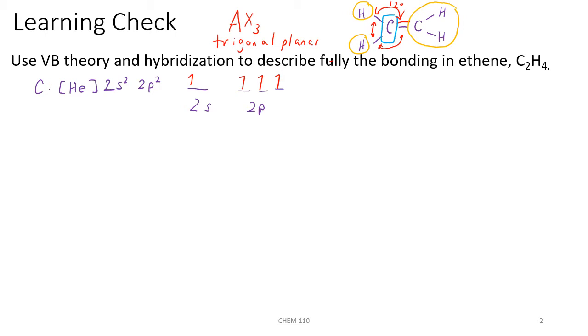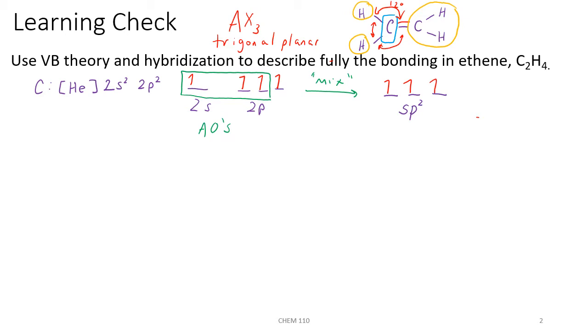So we'll mix in 1 s and 2 p's. We'll mix in those 3 atomic orbitals. And what we'll get out are 3 equal energy new hybrid orbitals. And we're going to name them based upon what we threw in. So they'll be called sp2. We'll repopulate them with the electrons that were in there before.